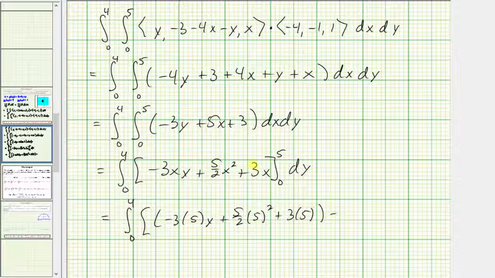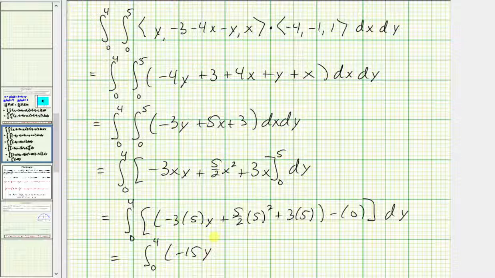And when x is 0, all terms will be 0. So we have negative 15y, and then 5 halves times 25, that's equal to 125 halves, plus 15 is equal to 155 halves.